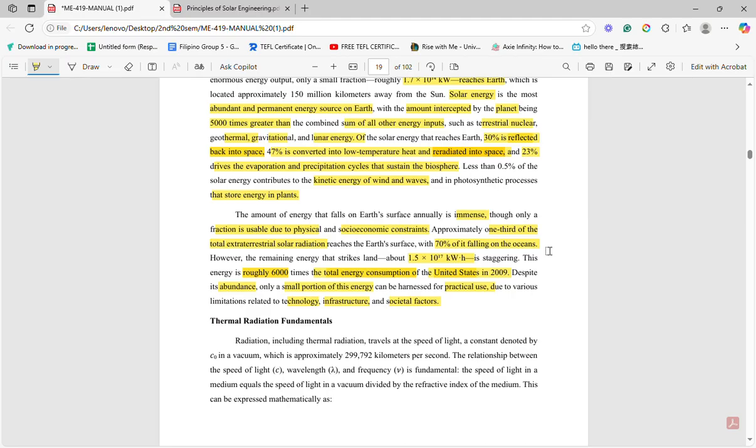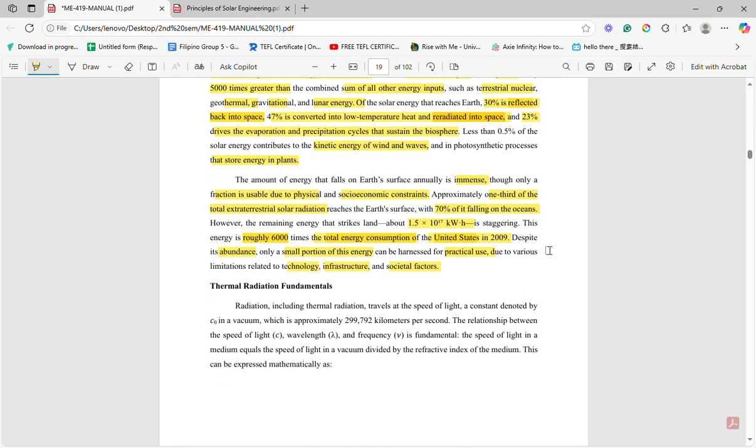It might be able to supply our energy needs for a lifetime. With those numbers, that is really a lot. So yeah, that's it.